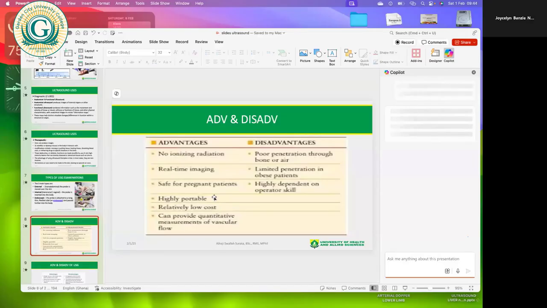The next advantage we will talk about is its safety for pregnant women. Because ultrasound is non-ionizing and controlled, we regard it to be a lot safer for pregnant women compared to the other imaging modalities.